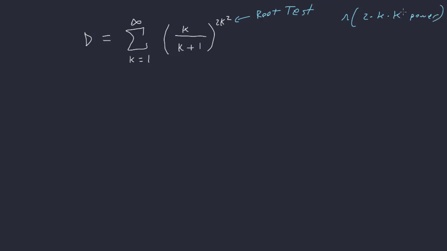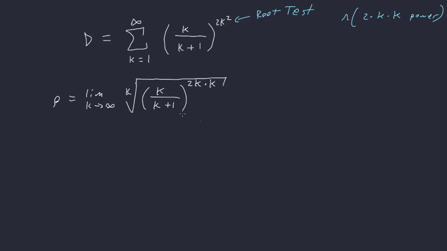And when we do the root test, just one of these k's is going to disappear. Okay, so rho will be the limit as k goes to infinity of the kth root of k over k plus 1 raised to the 2k times k.